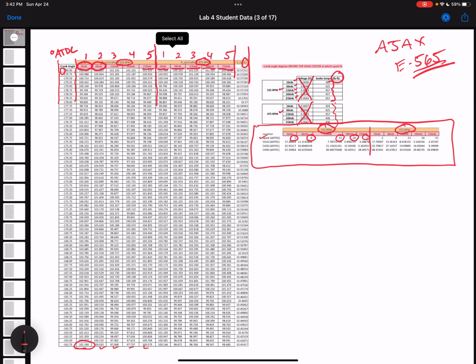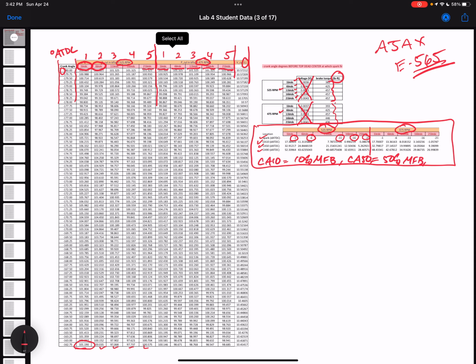And then each of the values within the table correspond to the 3 major combustion locations that we talked about. Crank angle 10, CA10, is the same as 10% mass fraction burn. And the same with CA50, of course, is 50% mass fraction burn.